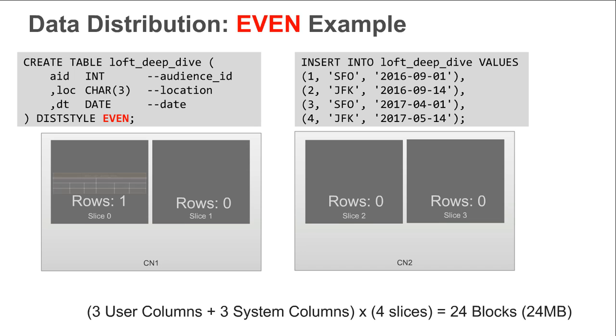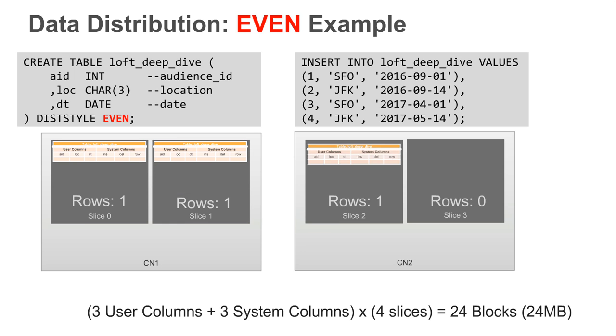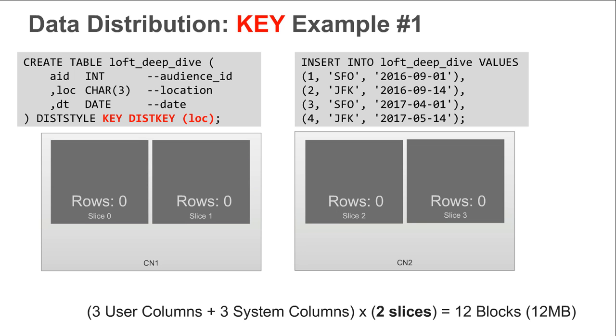Moving through this example, with distribution style even, as I mentioned, we're just going to round robin the data through the cluster, and it's going to move through in a very nice even fashion. If we pick distribution style key, for example, you can see highlighted in red that I've picked distribution key location.